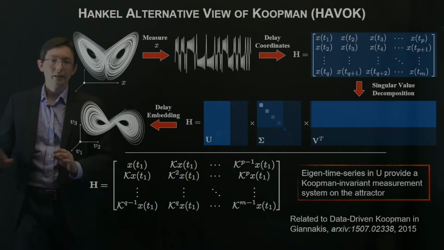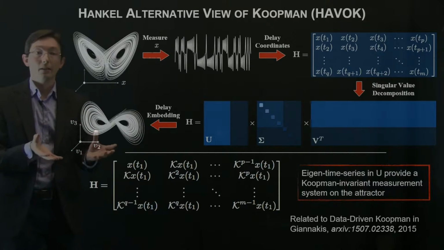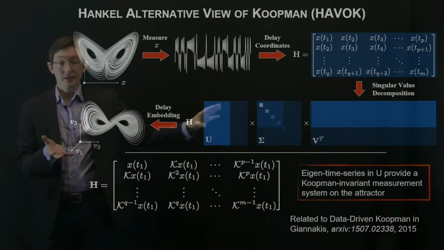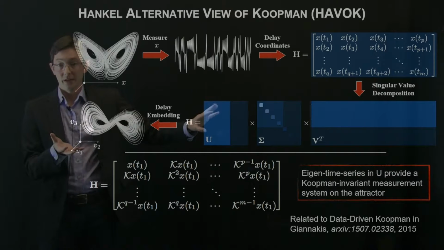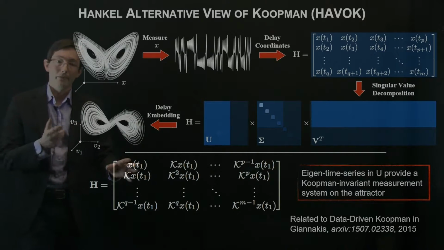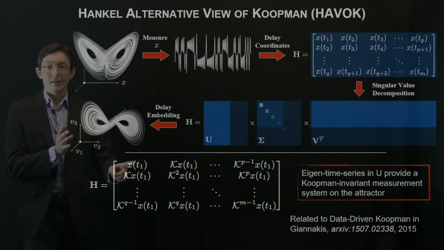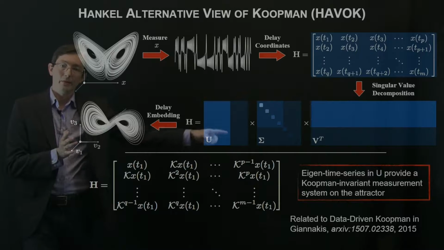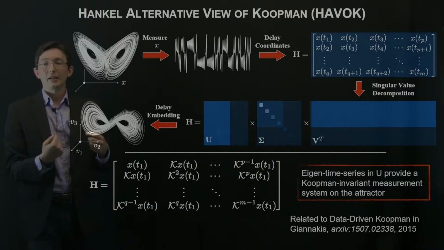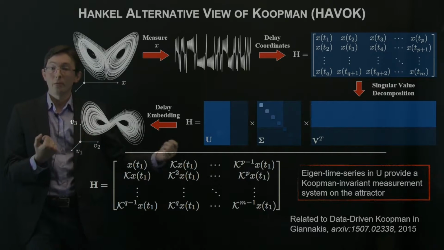And what's really neat is that there's a connection between the singular value decomposition of the Hankel matrix and the Koopman operator. So I can take my Hankel matrix, and instead of writing it x at time 1, x at time 2, time 3, time 4, and so on, I can instead write it in terms of iterates of the Koopman operator.